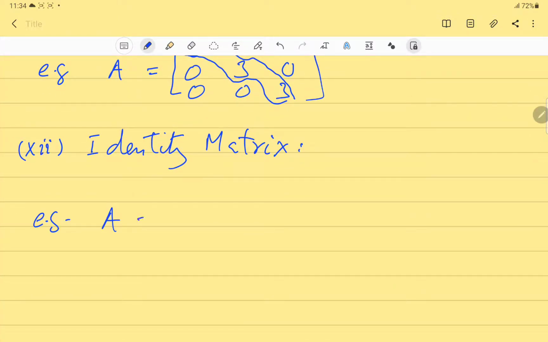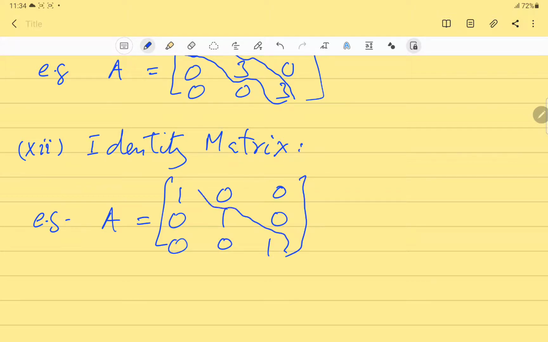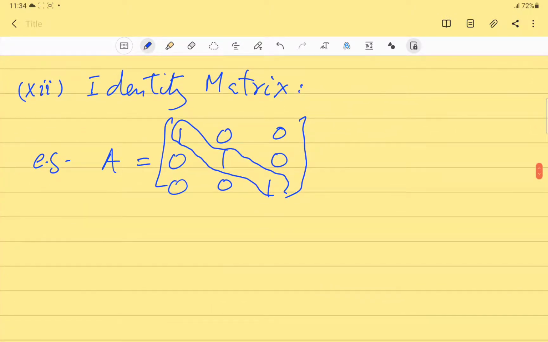We have a matrix A equal to 1, 0, 0, 0, 1, 0, 0, 0, 1. This is the diagonal, and you can see that all its entries are 1, and other than this diagonal, whatever entry is there, it is 0. So this type of matrix is known as an identity matrix, and it is denoted by I. Most of the time you write it like I.